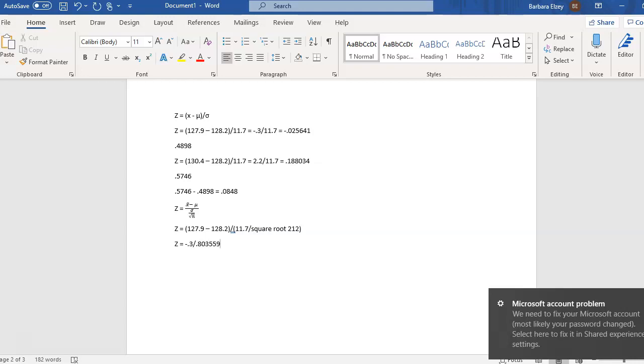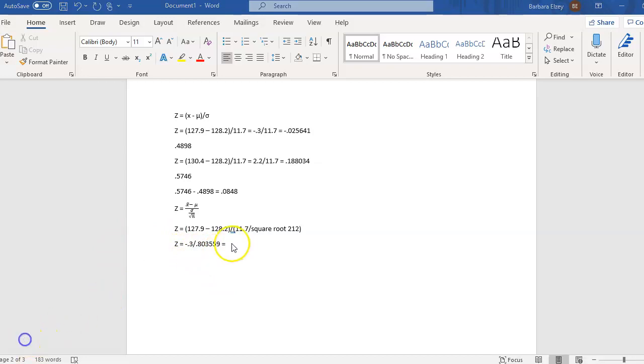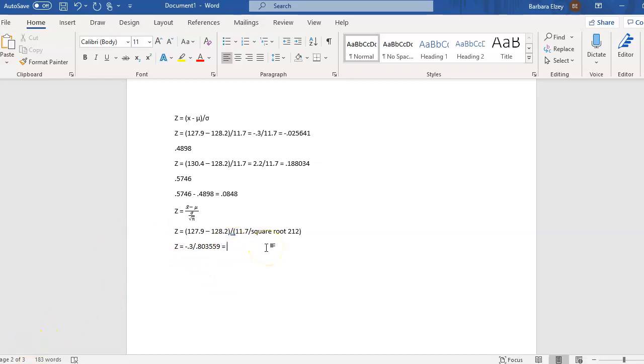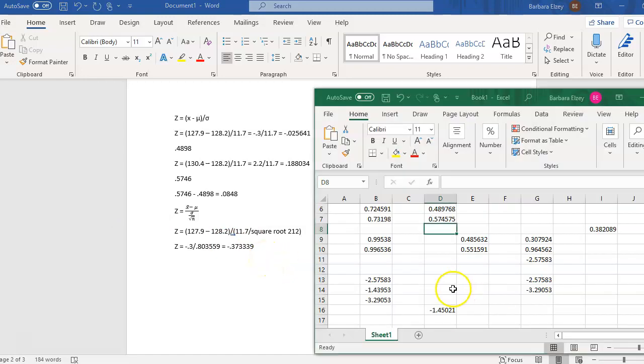Remember, take that out quite a few decimal places. If you're not sure how many, just take all of those that your calculator gives you. All right, now I'm going to do the division. Negative 0.3 divided by 0.803559. And that gives me negative 0.373339.